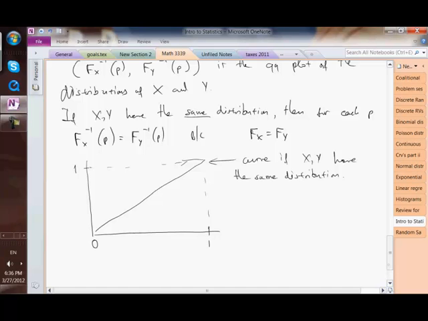Now suppose that we have a data set and we want to examine whether the data set has a distribution of a kind.